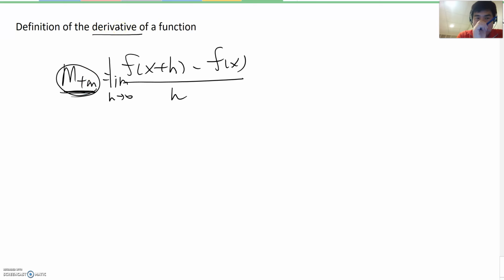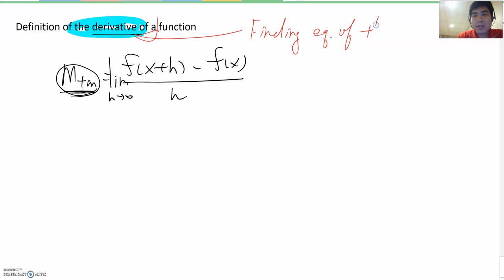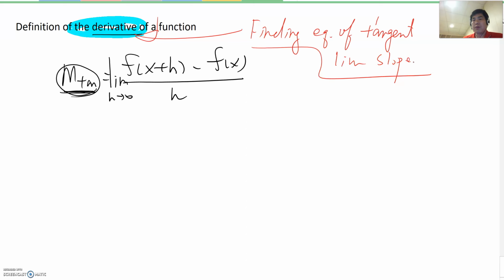So from now on you must remember, whenever I talk about derivative, it means we are finding the equation of the tangent line slope.